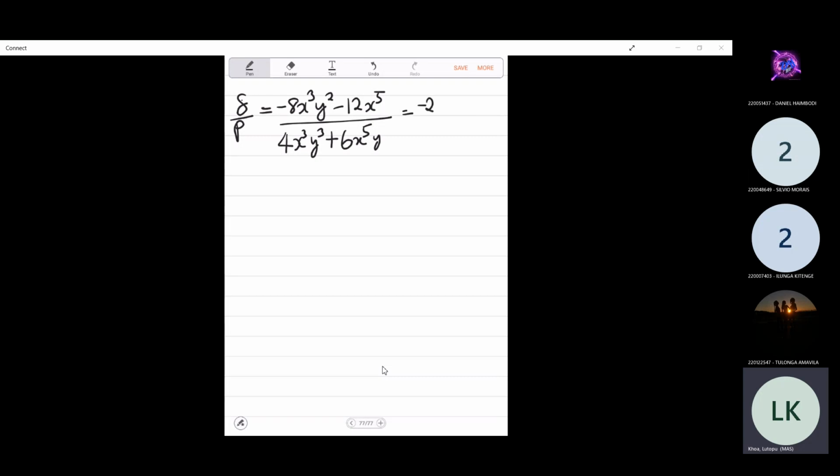So we take out -2, we have 4x cubed y squared plus 6x to the power of 5. And then in the denominator, if we take out x, we will have 4x squared y.